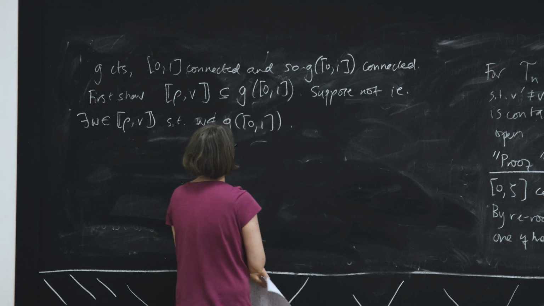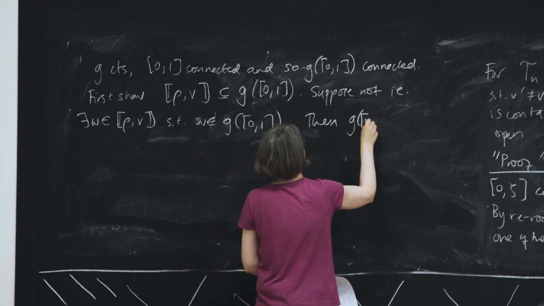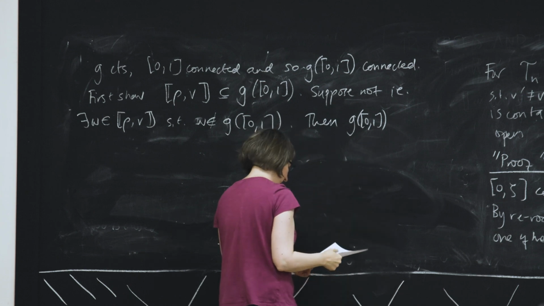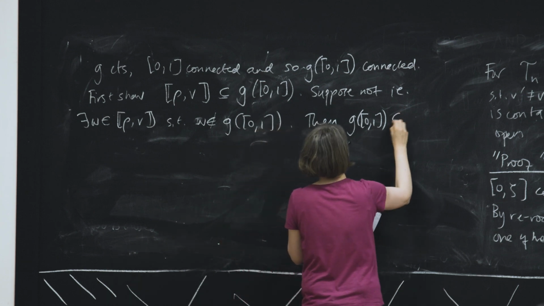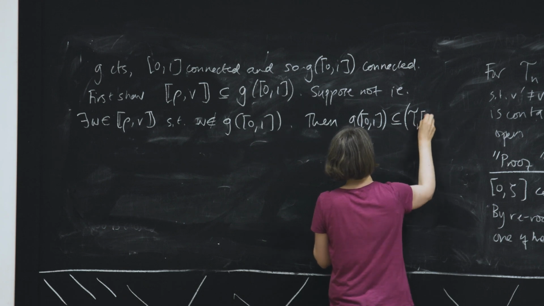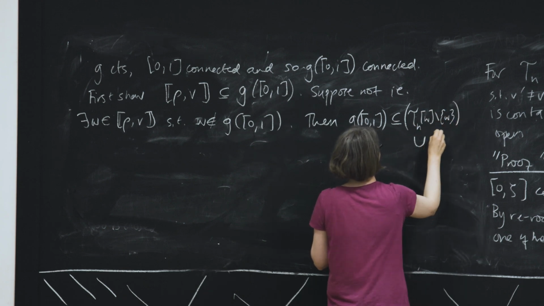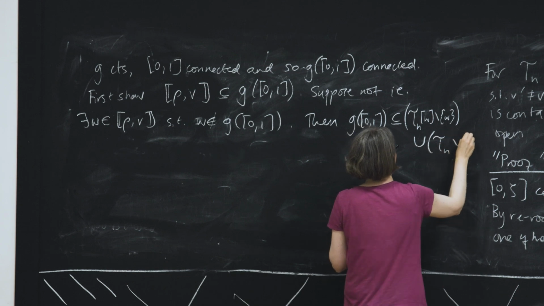Okay, so if that's the case, then it must be that this image set is contained in the union of the subtree rooted at W, but not including W, with the rest of the tree.